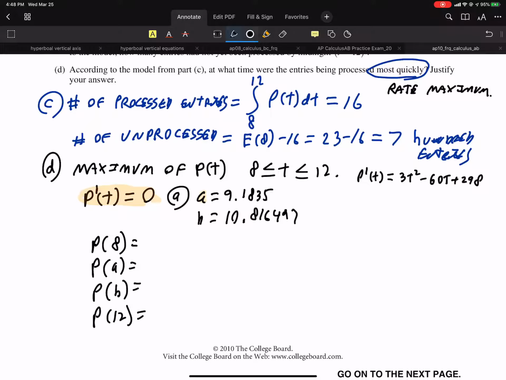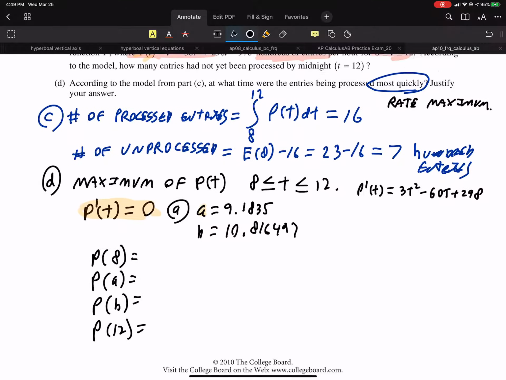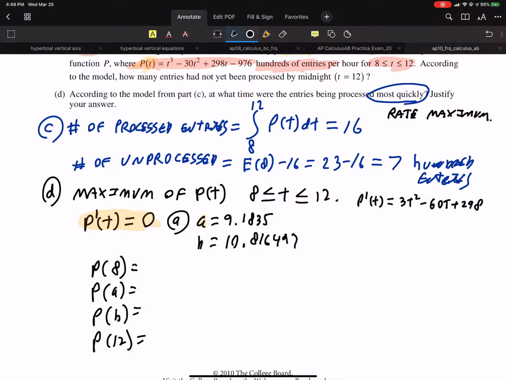We have P of t in our calculator as y1. So on the home screen, I'm going to get y1 of 8, and that one is 0.